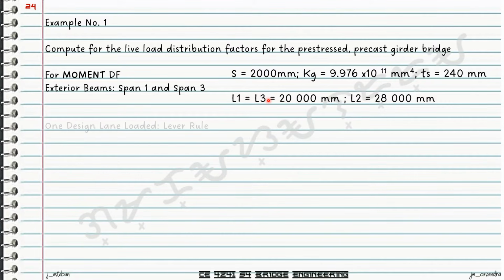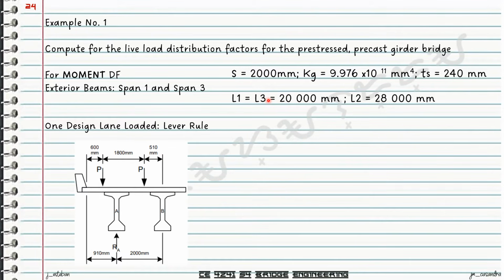So same process, we start off with the distribution factor when our bridge is one design lane loaded. So from the table, we are to solve for the distribution factor using our lever rule. In this case, we can use this diagram to solve for your distribution factor.